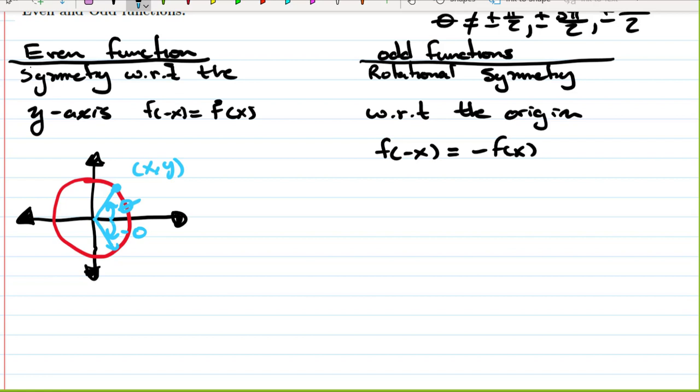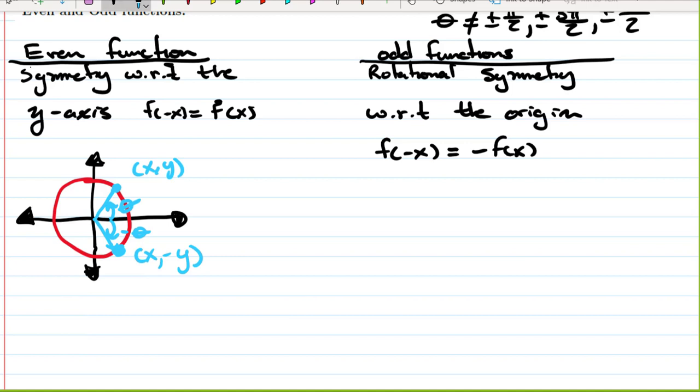I would have a rotation of negative theta. Well, if I do that, what is going to happen to my xy coordinates? Well, x in quadrant 1 and quadrant 4 are the same, but we have positive y and we have negative y.